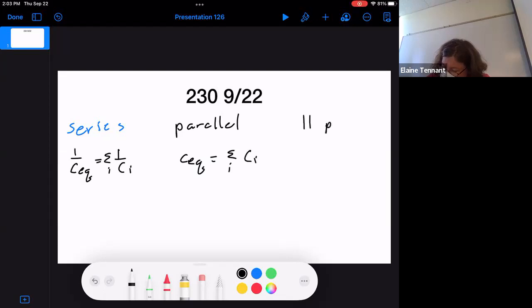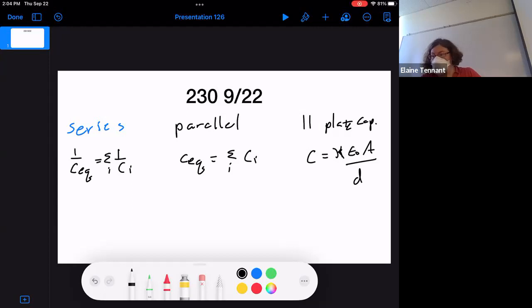And in general, a parallel plate capacitor has a capacitance of kappa, where that's the dielectric constant, epsilon naught multiplied by the area divided by the distance between the plates. Okay, so those are equations we're going to work with here.